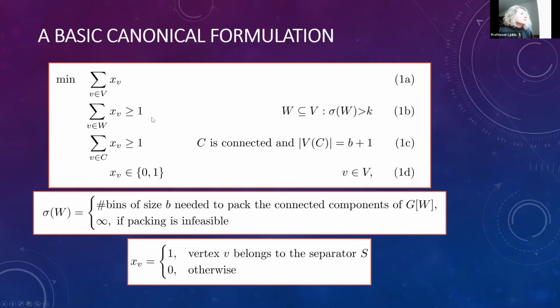And so this is the constraint which can be separated only by solving the underlying bin packing problem. So clearly, separating these cuts is NP-hard, but we cannot avoid it because this is in the nature of the problem, right? So we need each bin to be of size b, and we need to work with k bins.